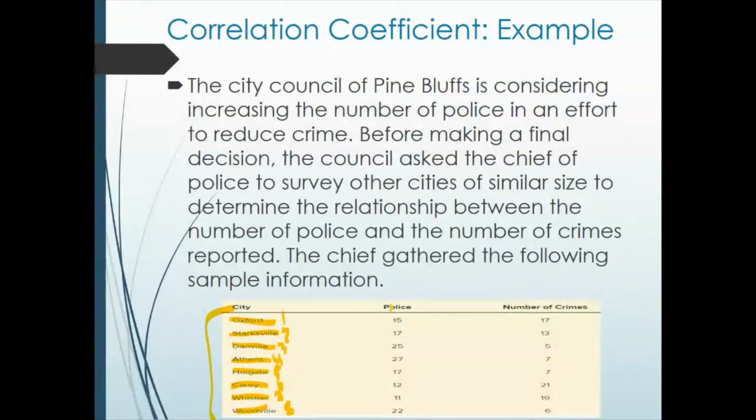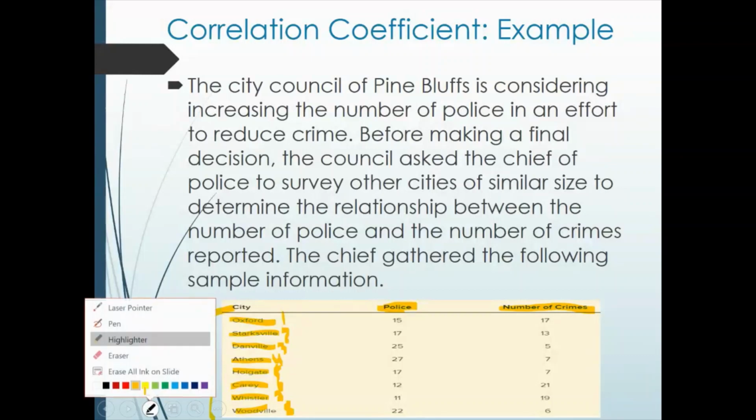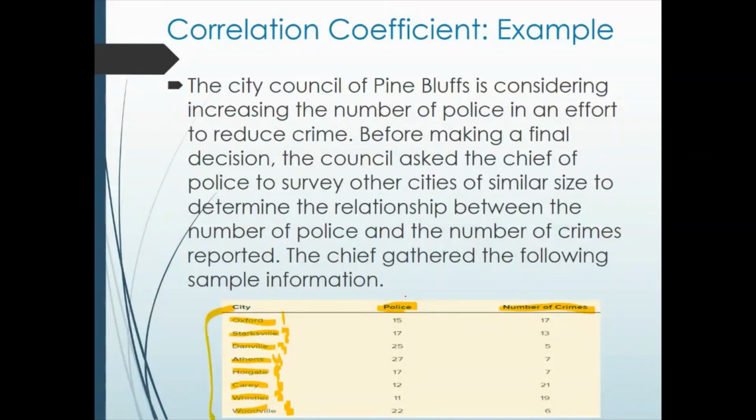And from these cities, I am gathering how many police people they have in each of these places compared to the numbers of crimes that they have experienced. So before I go anywhere else, what happened first? Are you having police first or the number of crimes?